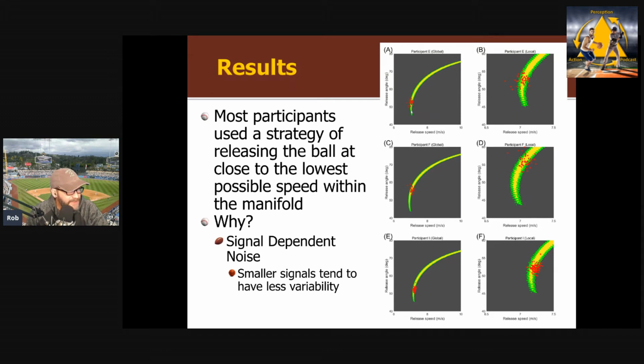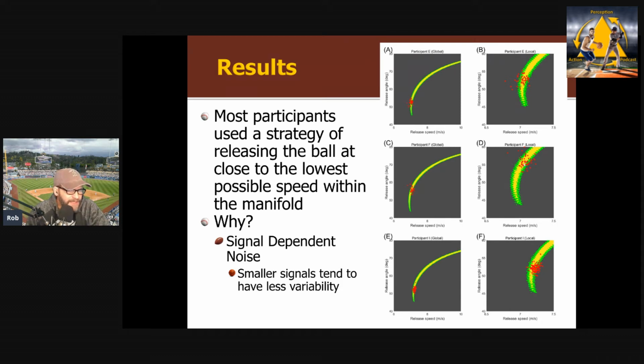Most of the participants are releasing the ball at almost the lowest possible speed they could and still be in the manifold. Look at this person releasing at about 7 meters per second. This person's, again, 7 meters per second. This person is way down at the end of the release range. So they're all at almost the lowest release speed they could get away with and still be in the manifold. The only exception, maybe this person is doing something different.